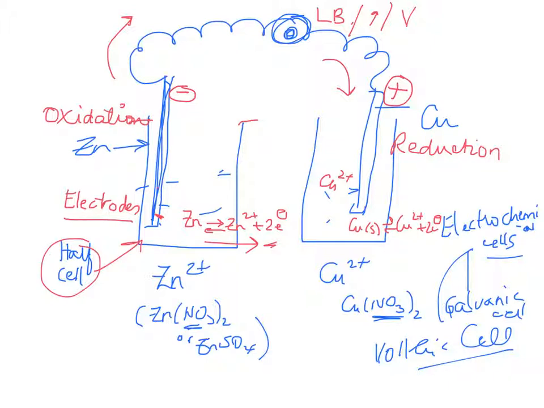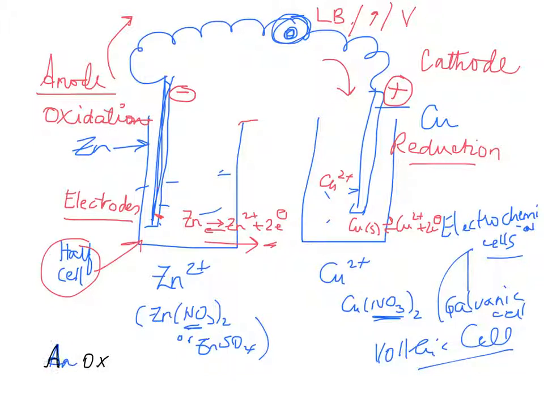So realize that the electrode at which oxidation takes place, which is the left side by convention, is also called the anode. On the other hand, the electrode at which reduction takes place is called the cathode. So two words, anode and cathode. You can perhaps remember an ox, a red cat.